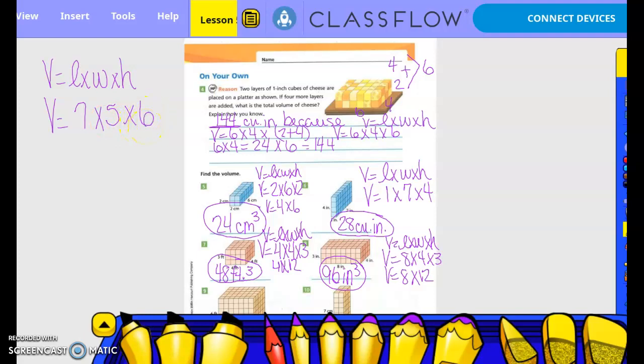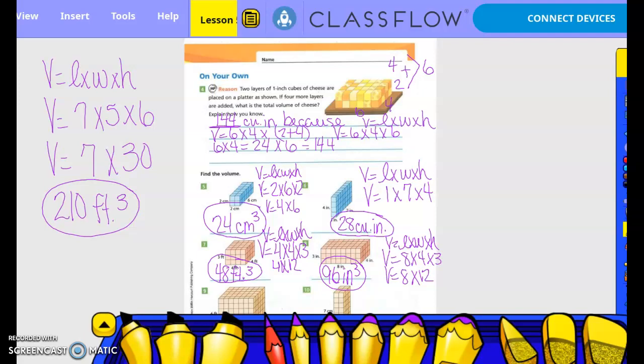Can we put something together to make it easier? The 6 and the 5, right? So volume equals 7 times 30. What is 7 times 30? So 210 feet cubed. Or I would take 210 cubic feet, right?